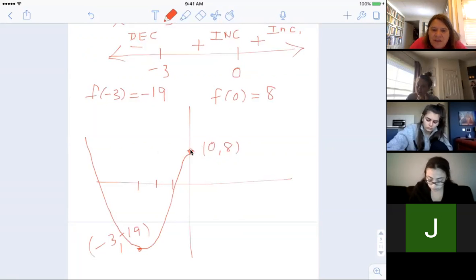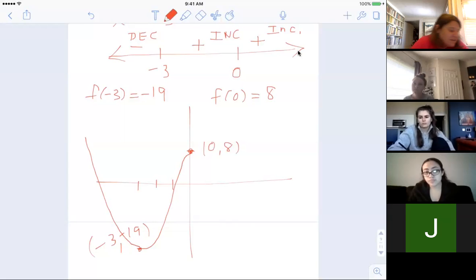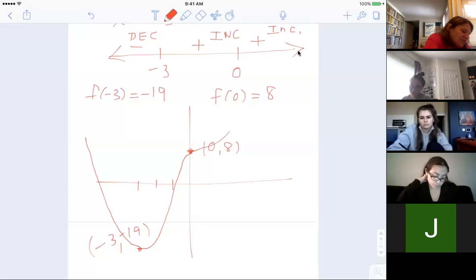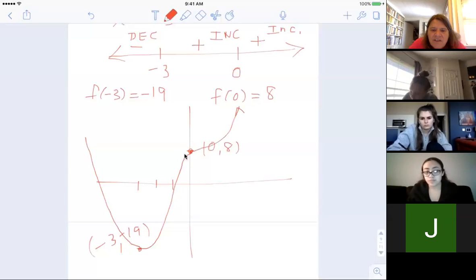So there should be a horizontal tangent line here, but they don't always happen at peaks and valleys, because I know here that says from 0 to infinity, it does what? Is it increasing or decreasing? Well, it keeps on going up, doesn't it? Why this is a critical number is because it flattened out just for a second. It doesn't look too good there, but it flattened out just for an instant and then went back up.